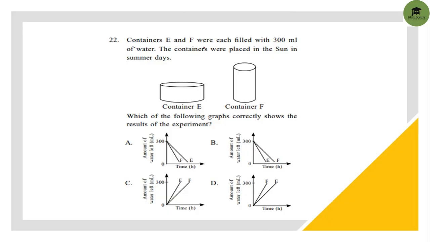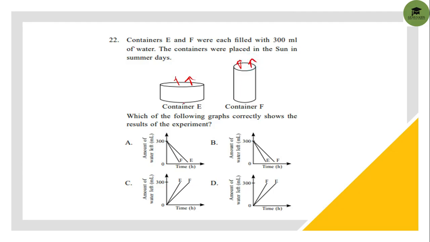Containers E and F were each filled with 300 milliliters of water. The containers were placed in the sun in the summer days. Which of the following graphs shows correctly the result of the experiment? So, if we put containers E and F with 300 milliliters of water in the summer days, what happens is that the water starts evaporating from these containers.